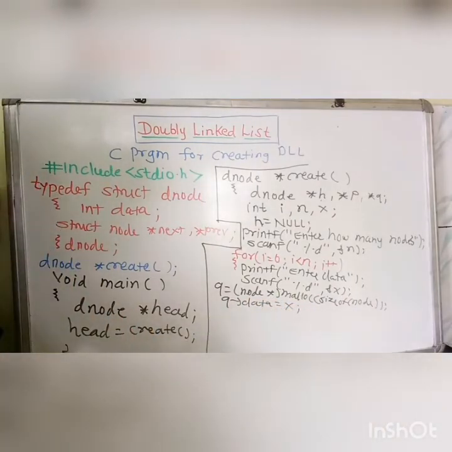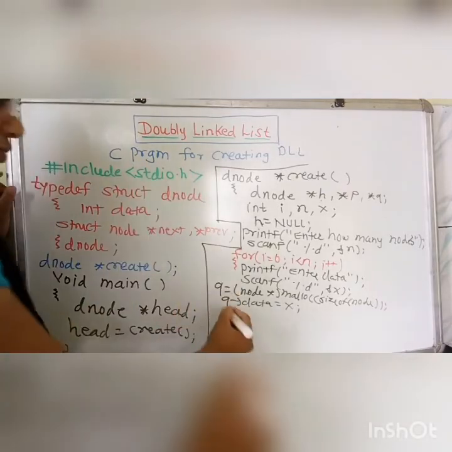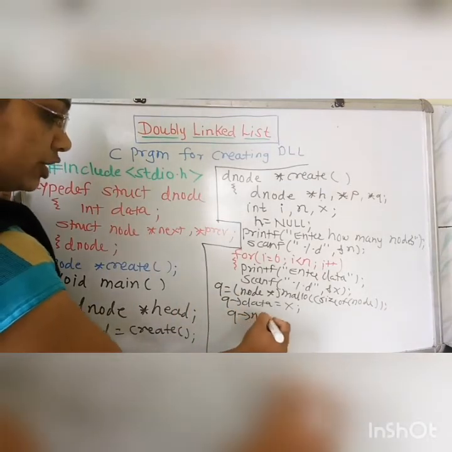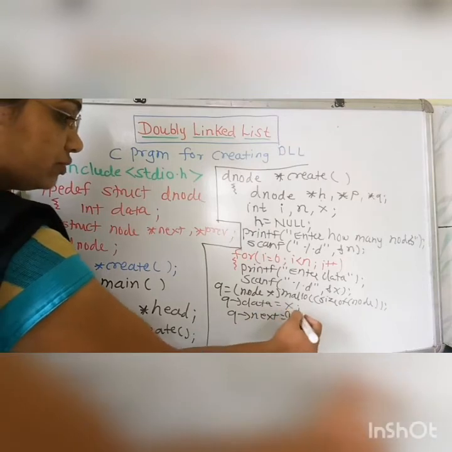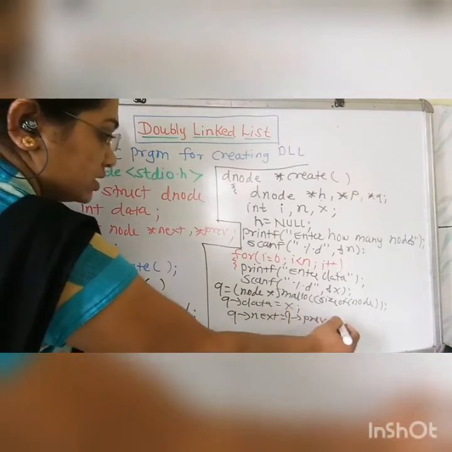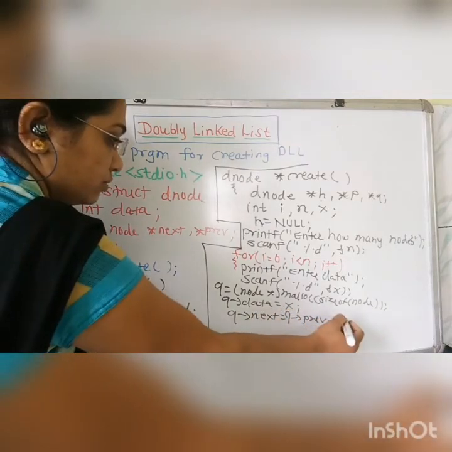Now as it is a first node and it does not have any previous reference, we will set the previous and next pointers to null, means q pointer next equals to q pointer previous is equal to null.